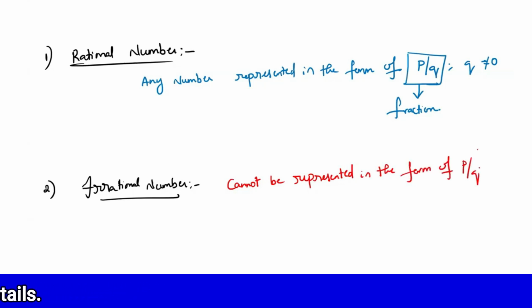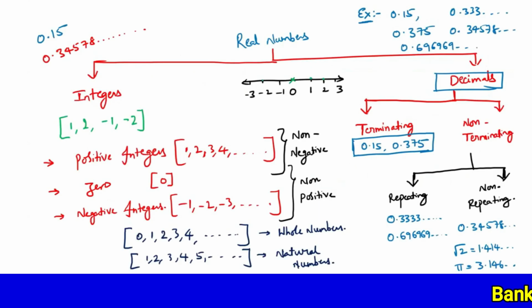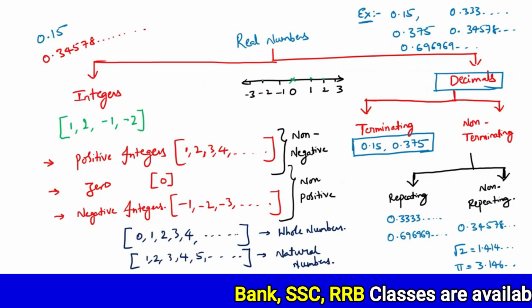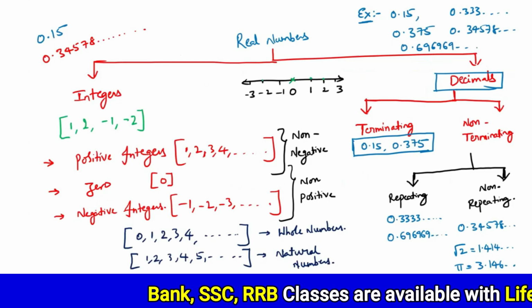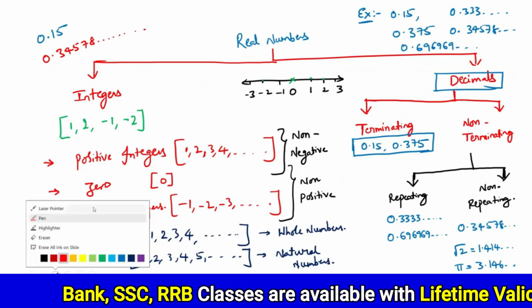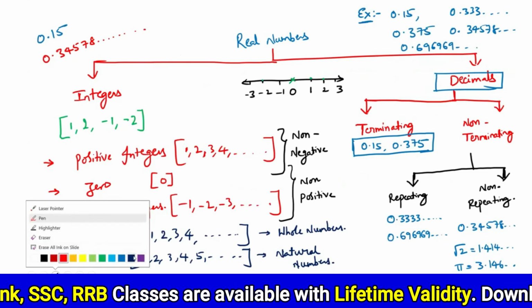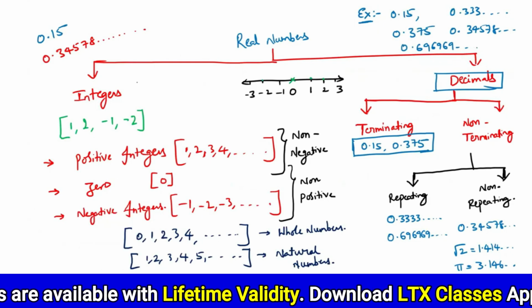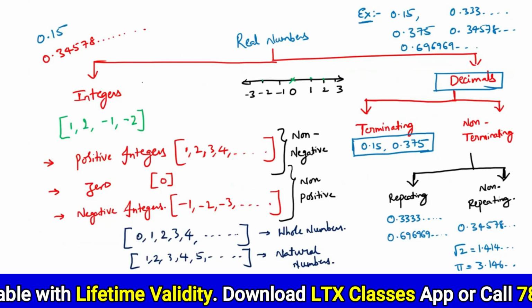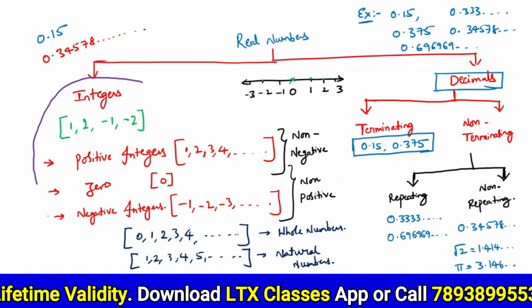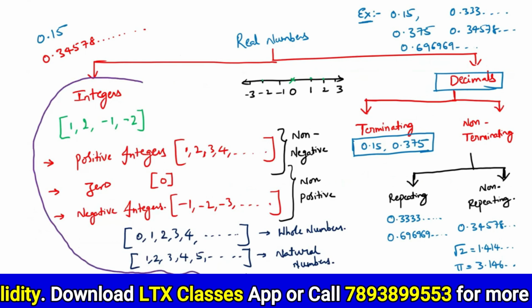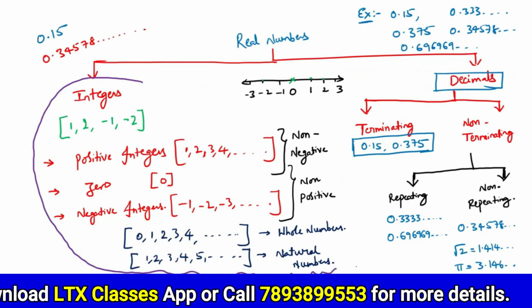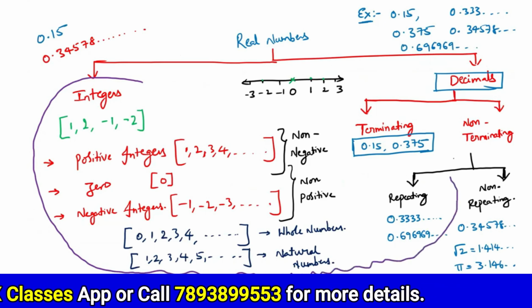And now let us go back to the previous classification. Out of all these examples which I wrote here, like integers, decimals, terminating, non-terminating repeating, non-terminating non-repeating, which will be considered as rational numbers? I think now the doubt will be cleared for you. Terminating and repeating decimals, integers, fractions.